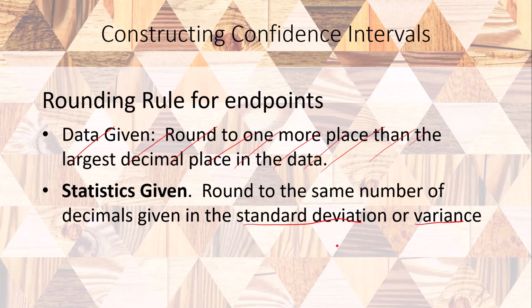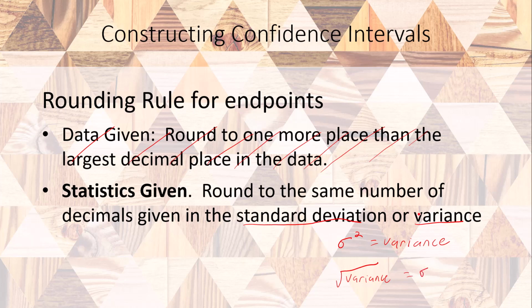Now remember, the variance is nothing more than the standard deviation squared. So if you are given the variance, you need to take the square root to get the standard deviation.